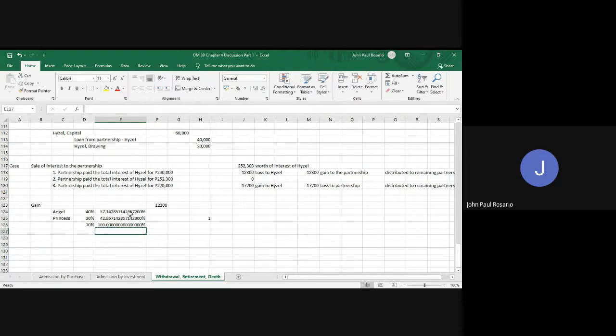So meaning ang remaining nga 70%, mura siya og fraction, sa una over 10 sila, karon over 7 na lang. Sa una, ang share ni Angel is 4 over 10, equal nga 40%.